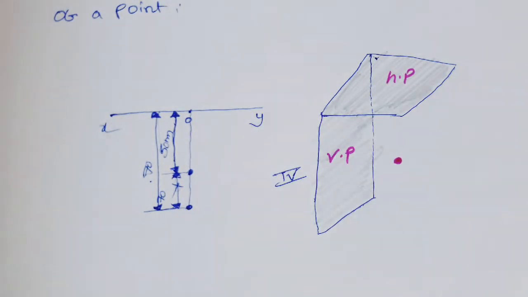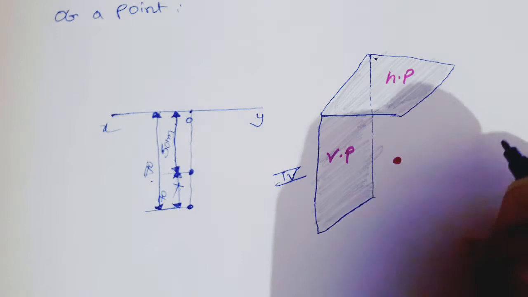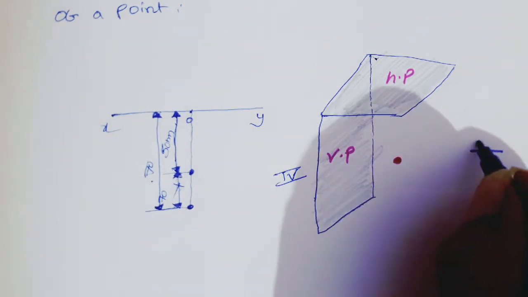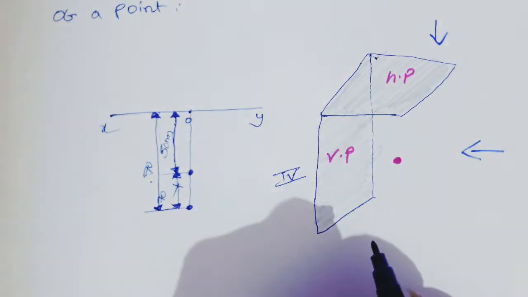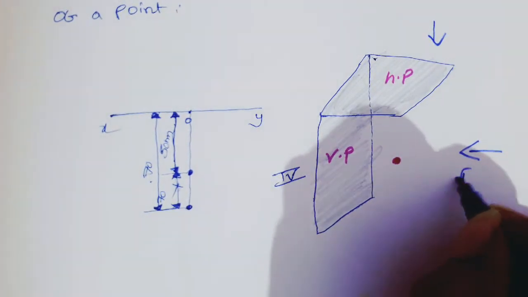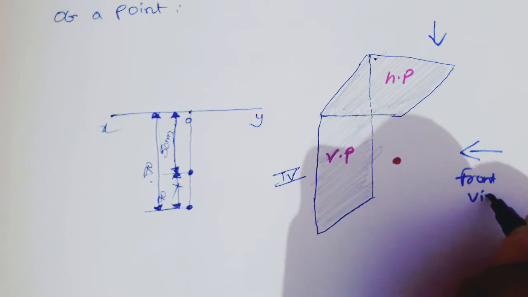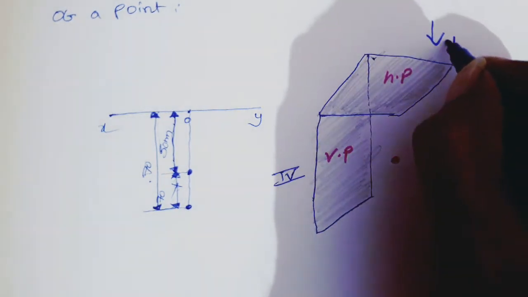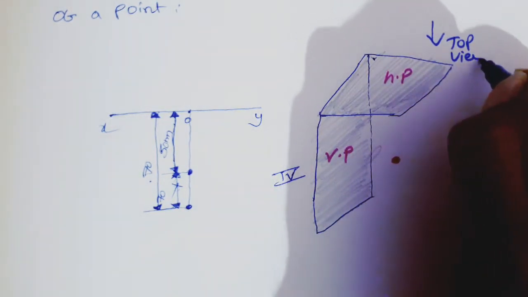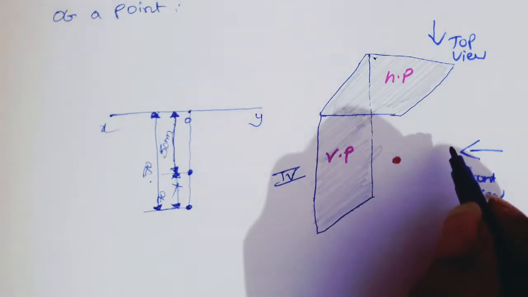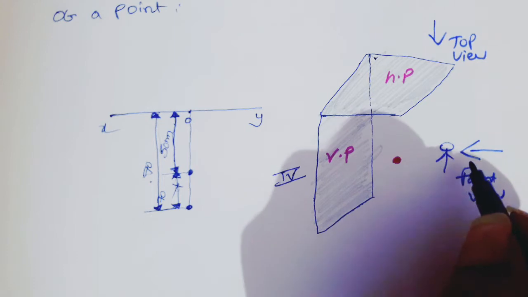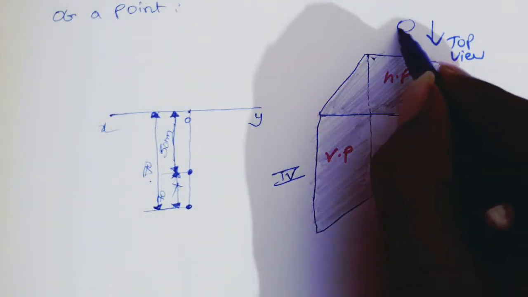Okay, next, when you look at the same point from the front view, from this side, and from the top view, from this side. This is the front view, this is the top view. You are observing from here, you are observing from here.